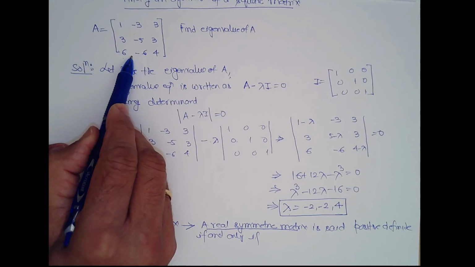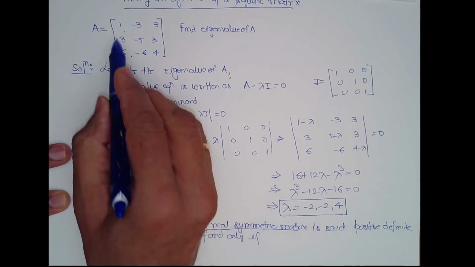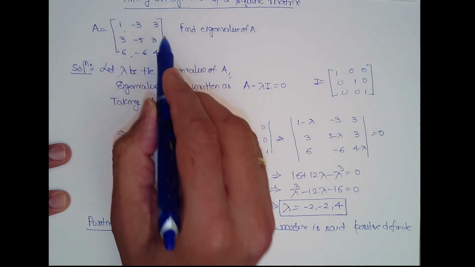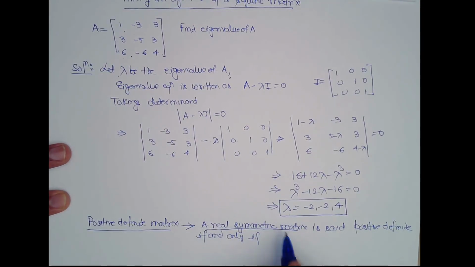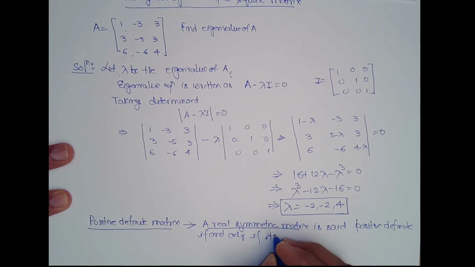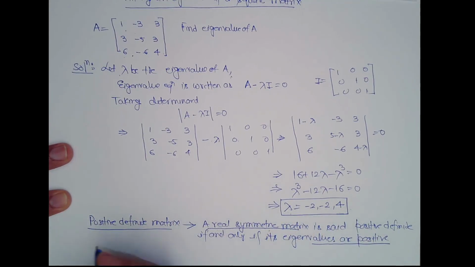This is not symmetric, but all elements are real. Symmetric means the first row is equal to the first column, second row equal to second column, third row equal to third column. Eigenvalues, how to find them? This way. If the eigenvalue lambda comes out positive, then we say it is a positive definite matrix.